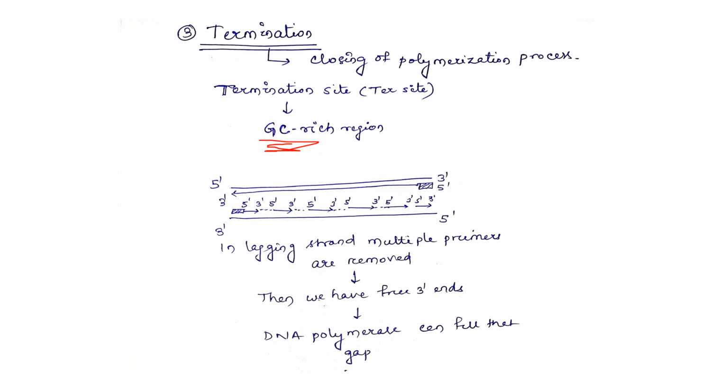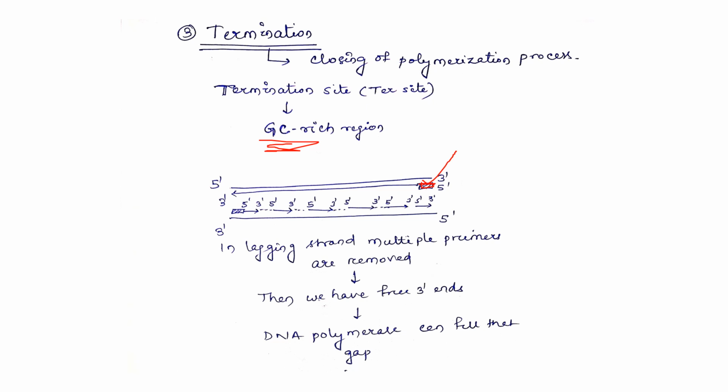After the primer removal, one gap is formed here in the leading strand and many gaps are formed in the lagging strand, because in the case of the leading strand we have one primer.